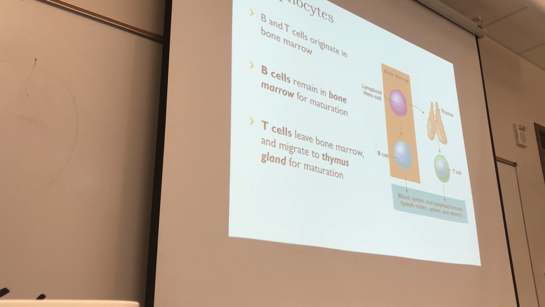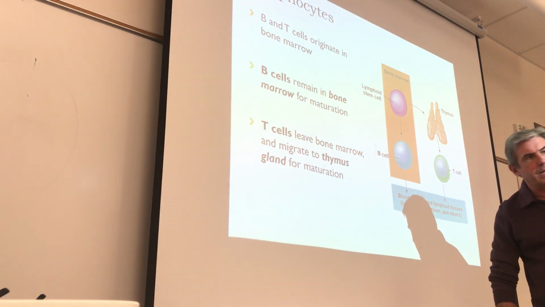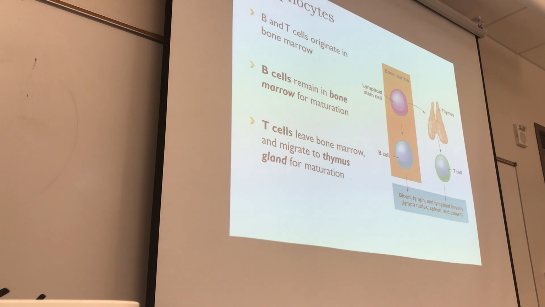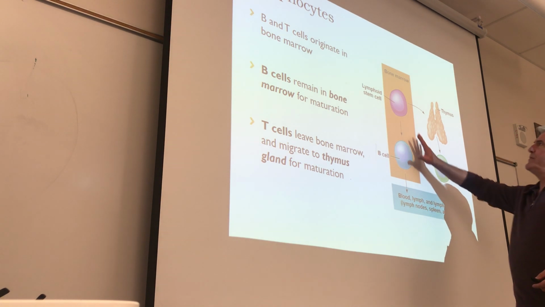So your lymphocytes, like I said, started out as that multipotent hematopoietic stem cell that went on a different branch compared to red blood cells. But they all originate in the marrow. The B cells will stay in the marrow till they're fully mature.